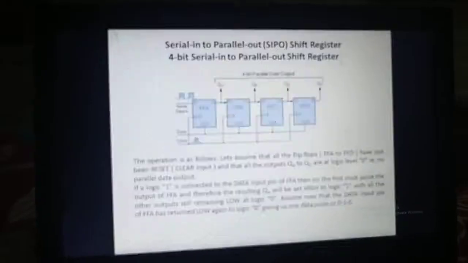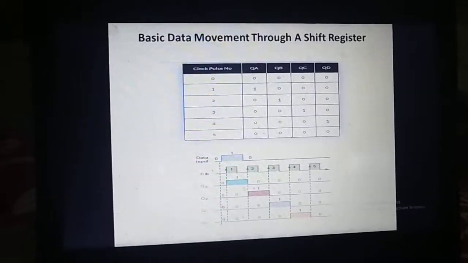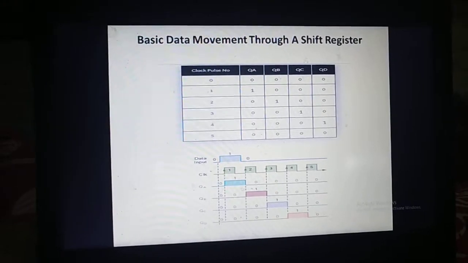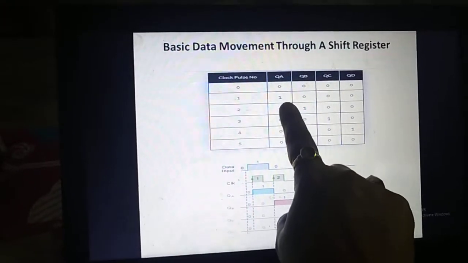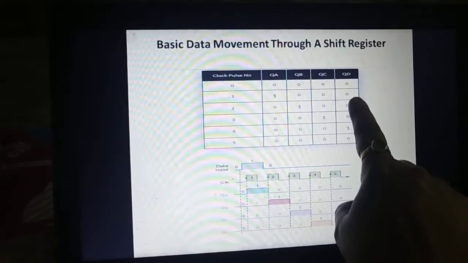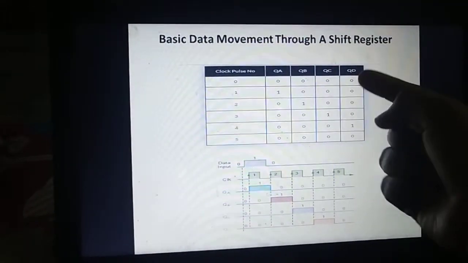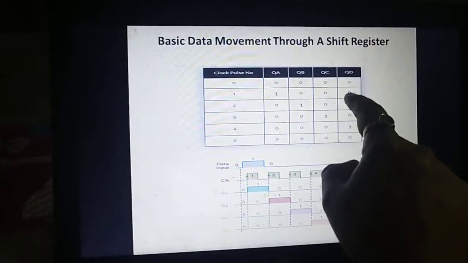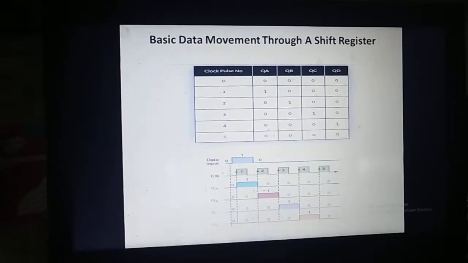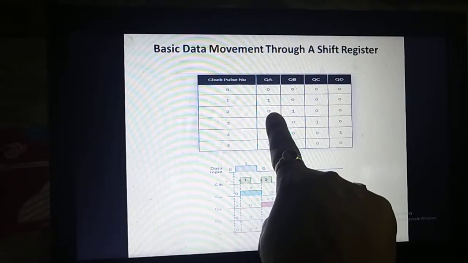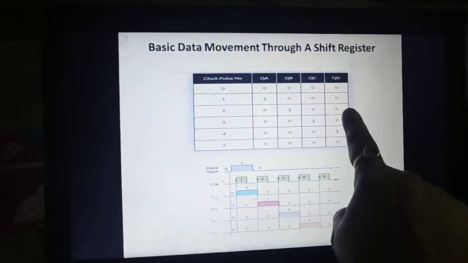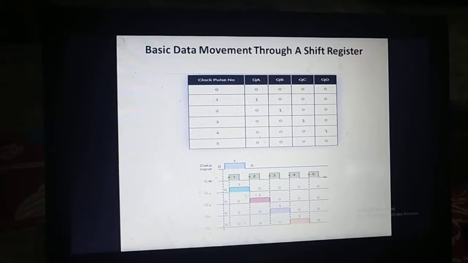We are going to see this data movement through the shift register. At the first clock pulse we have an output 1, 0, 0, 0 because we are taking the output parallelly, so these bits are not changed. At the second clock pulse this will be 0, this will be 1, 0, 0. In the same way we will get parallel output data. So that's all for today.